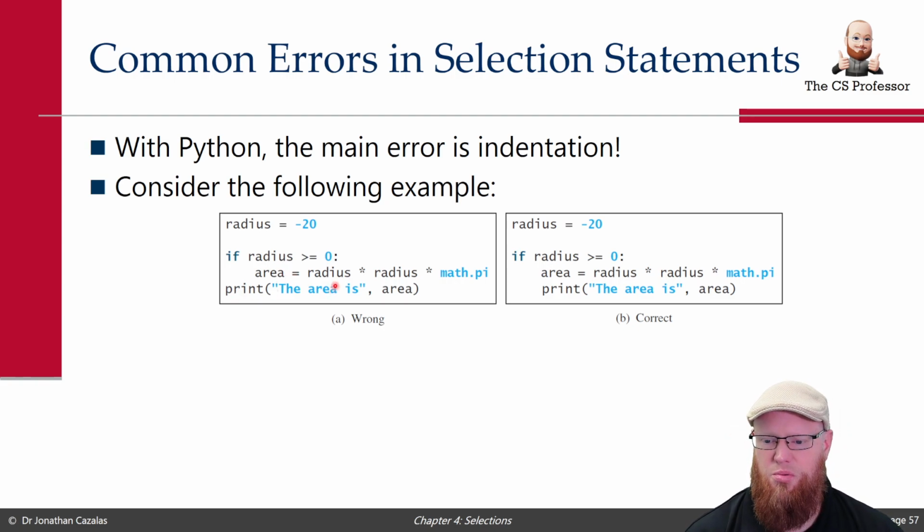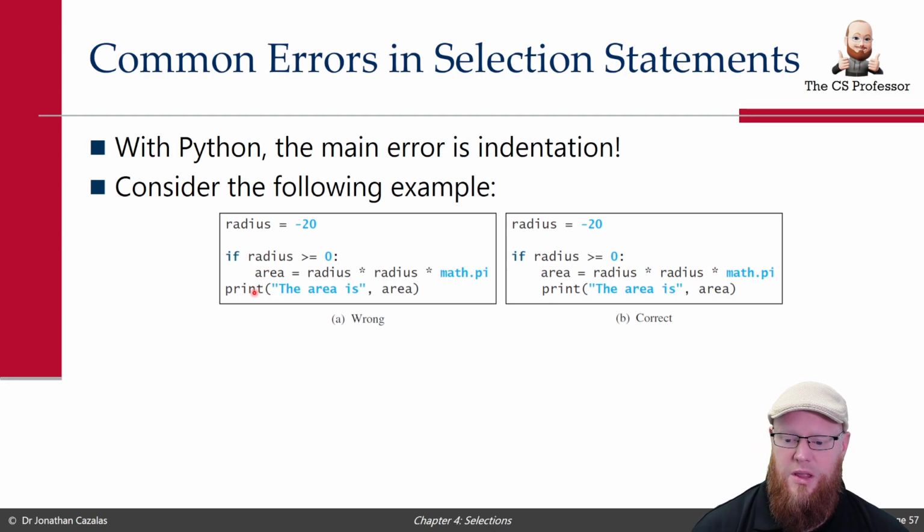No error occurs, no problem. But what if the radius is negative? If it's negative, we will not evaluate what is inside this if statement, because radius greater or equal to 0 will be false, because -20 is not greater or equal to 0. So we will not evaluate the statement.